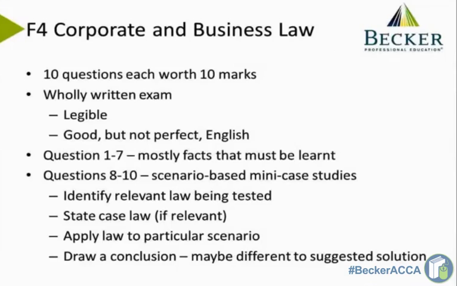One of the big problems we've found with students in the past is they've moved from the multiple choice papers F1, 2, and 3 into a written exam, F4, and they found it very difficult to write. So you've got to make sure that your written word is legible. So your handwriting has got to be reasonably clear. The markers have got to be able to read your scripts. If markers can't read your written word, then they can't give you any marks.